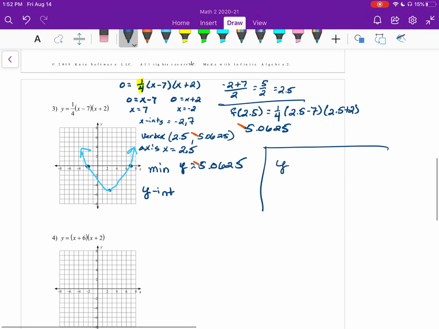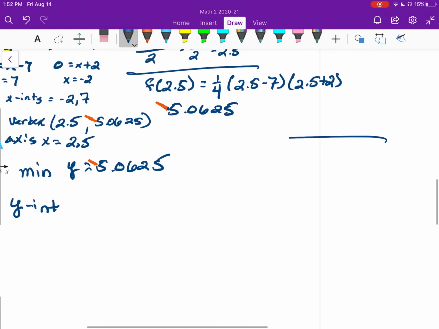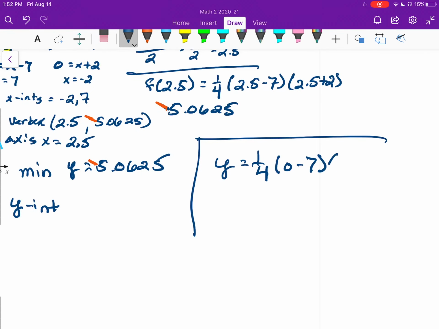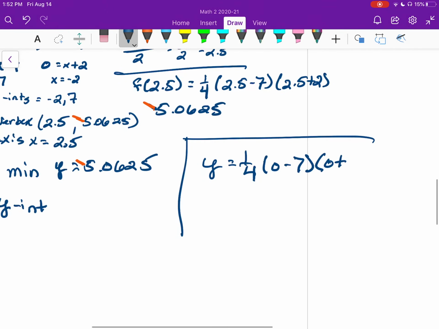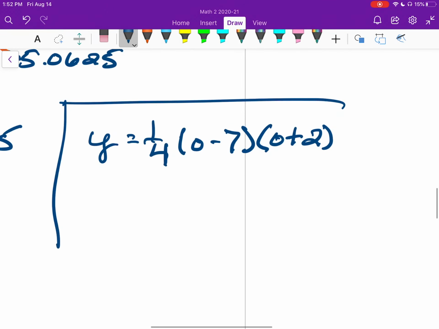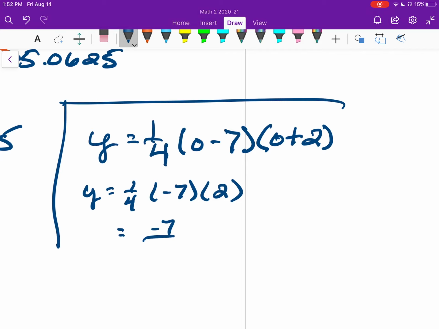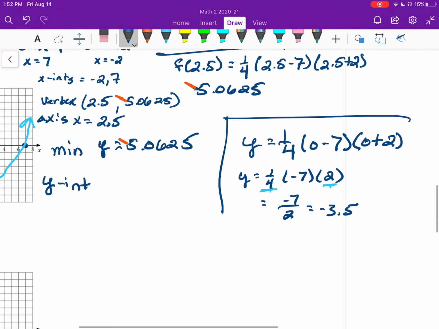So y equals 1/4 times (0 minus 7) times (0 plus 2). y equals 1/4 times negative 7 times 2, which is the same thing as negative 7 divided by 2, right? What I did here was I combined the 2 and the 1/4. And negative 7 divided by 2 is negative 3.5. So my y-intercept happens at negative 3.5.